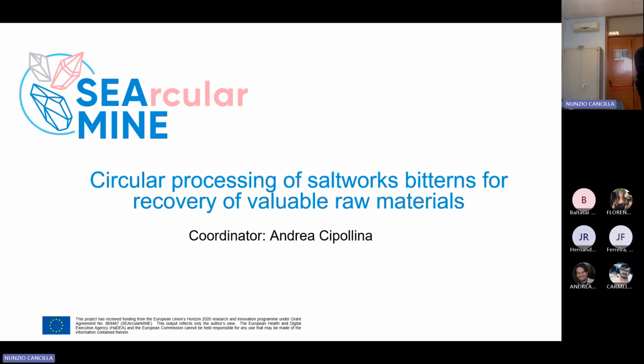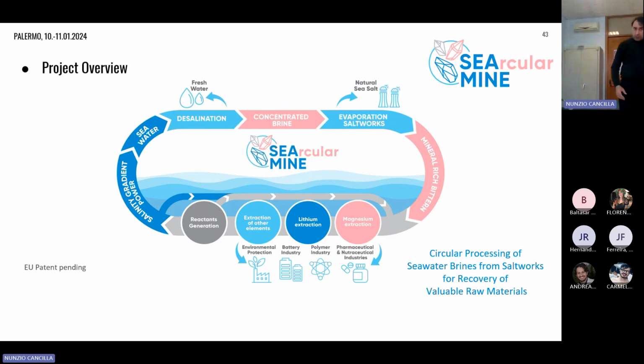All of this variety of technologies offers the possibility to be combined together to have a proper circular processing of brines. You see, in this case, it's a very special type of brine, which is a salt work bittern, the Circular Mine project, the one that you will see in the lab. You will see this integrated chain that I'm going to describe very briefly.